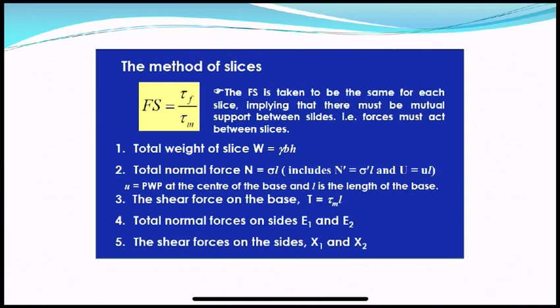The shear force on the base is T, equal to tau m into L, where L is the length along the failure surface in a given slice of width b. The total normal forces on the slice are E1 and E2, and the shear forces on the sides are X1 and X2.